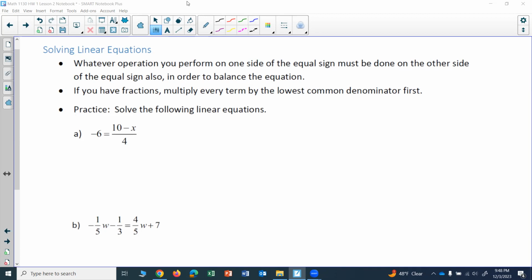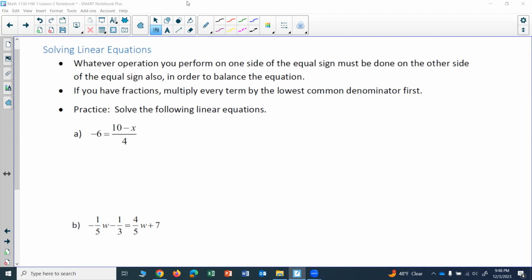If you take 3 things from the right side of the scale, you have to take 3 things from the left side of the scale in order to keep it balanced. Same thing with the equal sign. That's like the center of your scale. And if you take something or add something to one side, you have to take or add the same thing to the other side.